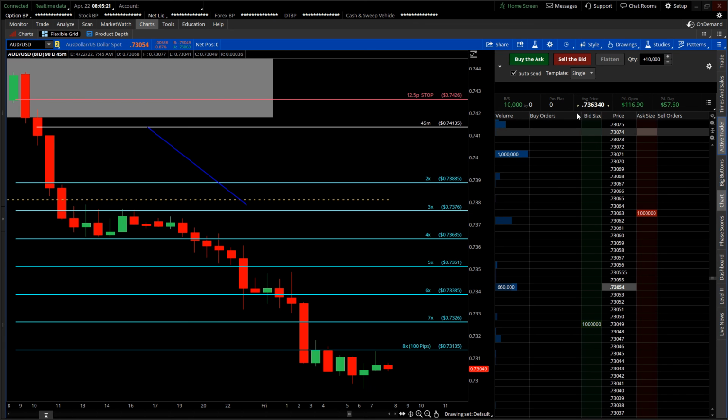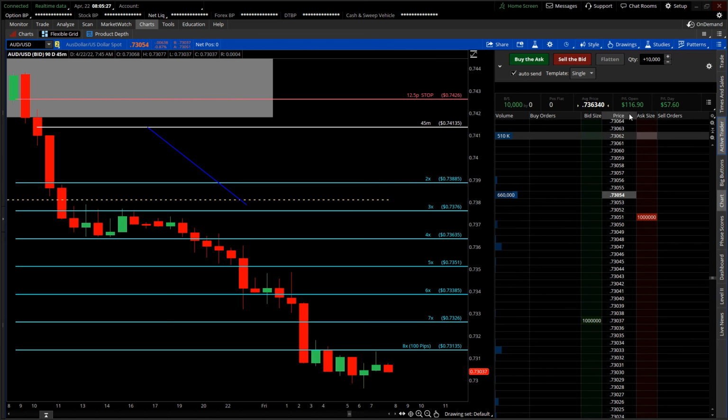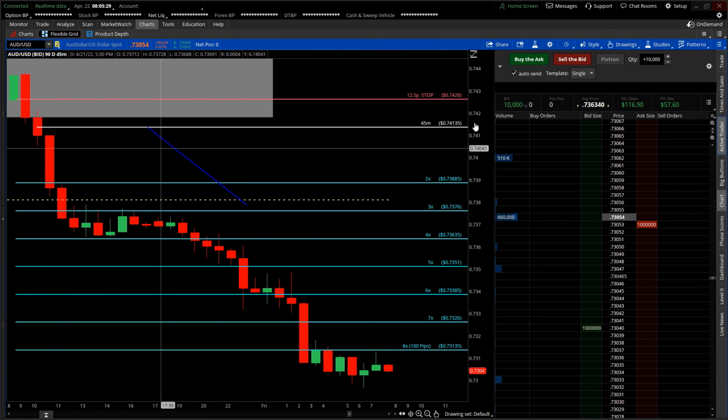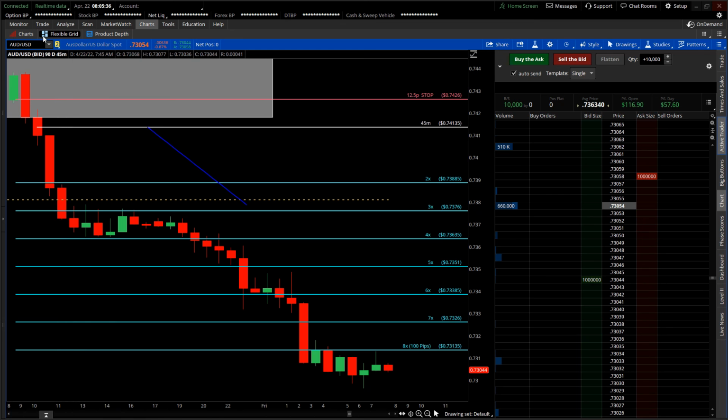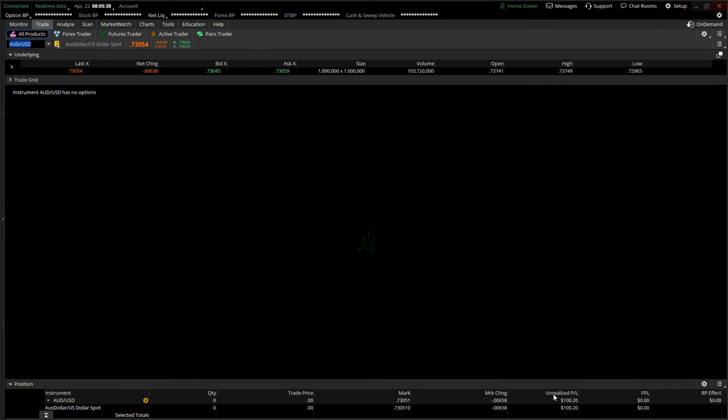I have a zero position here, and overall the trade netted me an additional $100 because going into yesterday's trade, it was already up $16, so now it's up $116. And if I click on the trade tab, you can see that the P&L is $100.20.